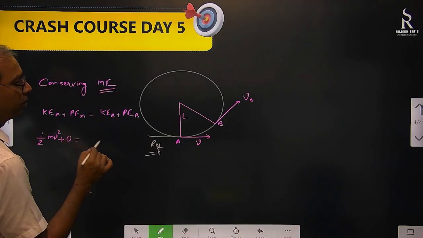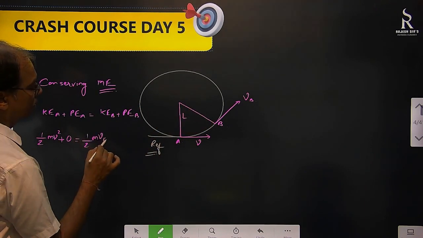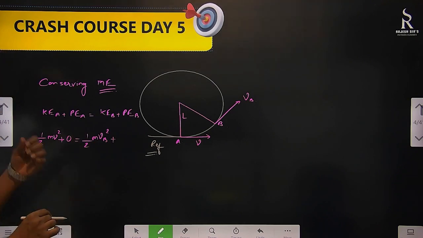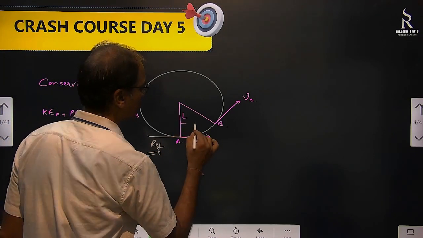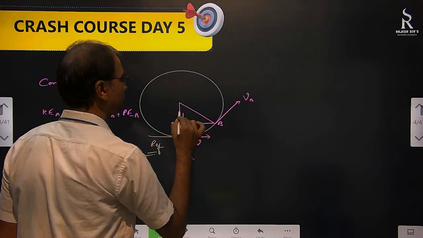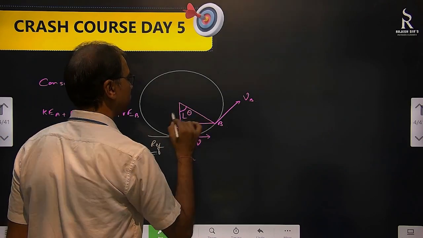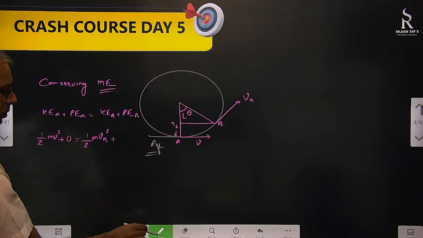Now, kinetic energy at B, that's what we are finding, half mvb square, plus potential energy at B. So, now when you have to find potential energy at B, we need to know what this height is. And this angle I have not given, so let's take theta. So, this height we have to find.